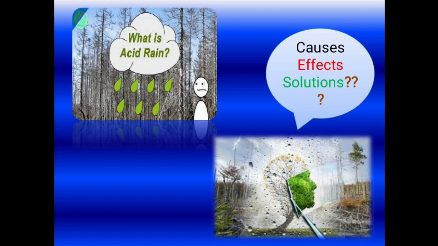We have already heard about the term acid rain, but what is acid rain and what are its causes, effects, and solutions? Let's have a detailed study on it, but before that, let us learn what are its causes. Humans cause many combustion processes that dramatically increase the concentration of acid-producing oxides in the atmosphere.